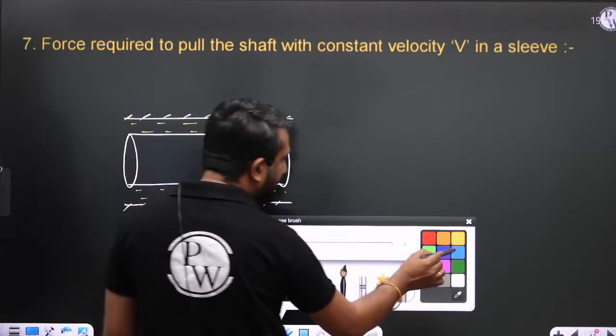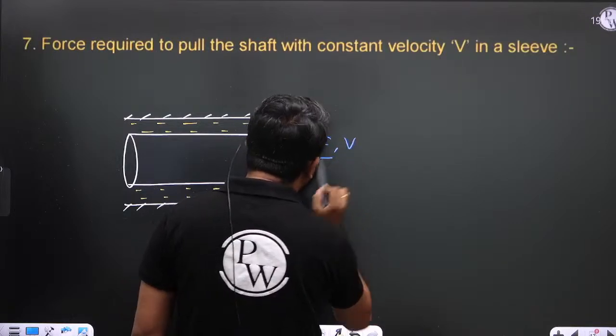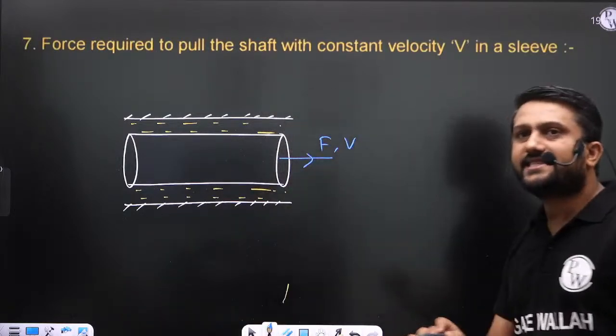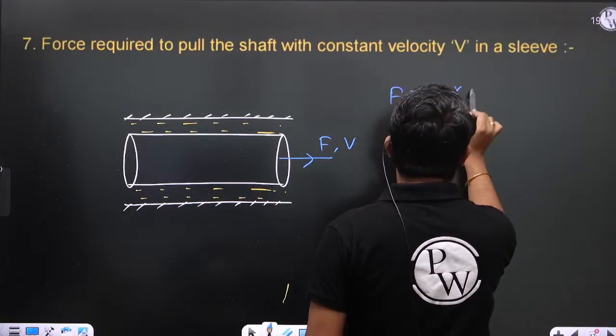And this is the force F which is required to pull this shaft with constant velocity V. So in this case, what is the F? Simply we can write F is equal to tau multiplied by shear area.